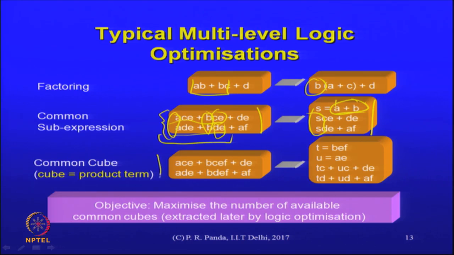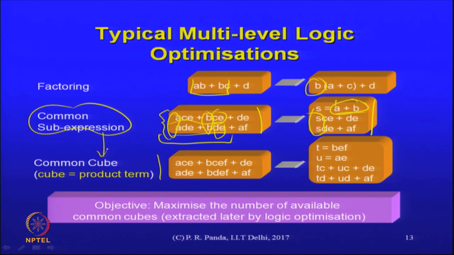A third one is a common cube. Occurrence of a common cube is identified as follows. A cube is a special case of the common sub expression, where there is just one product term in that expression. That is what we are calling a cube. In some ways, dealing with cubes is easier.